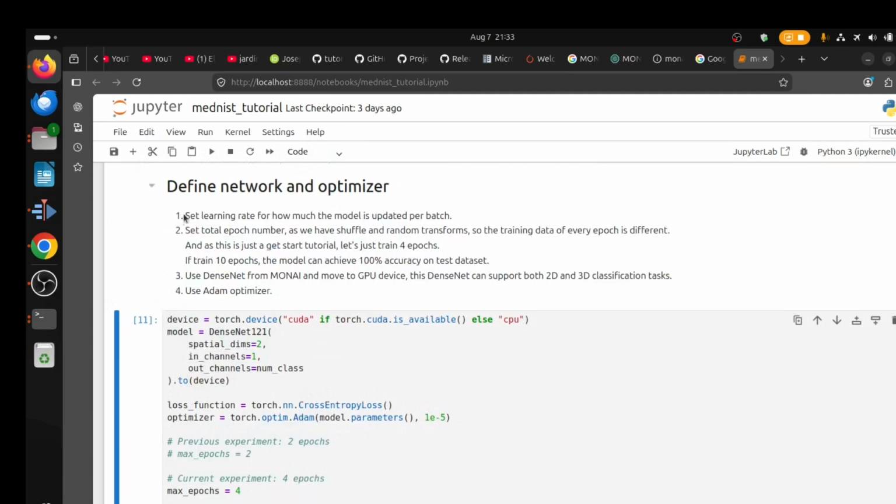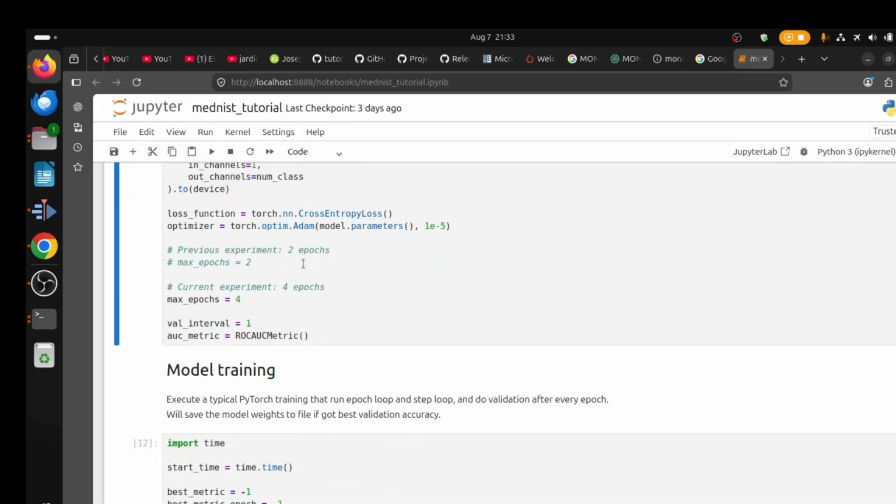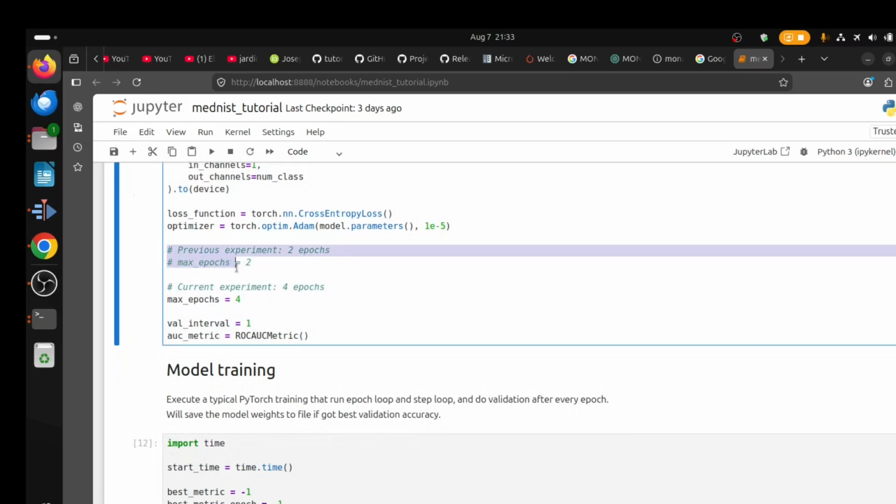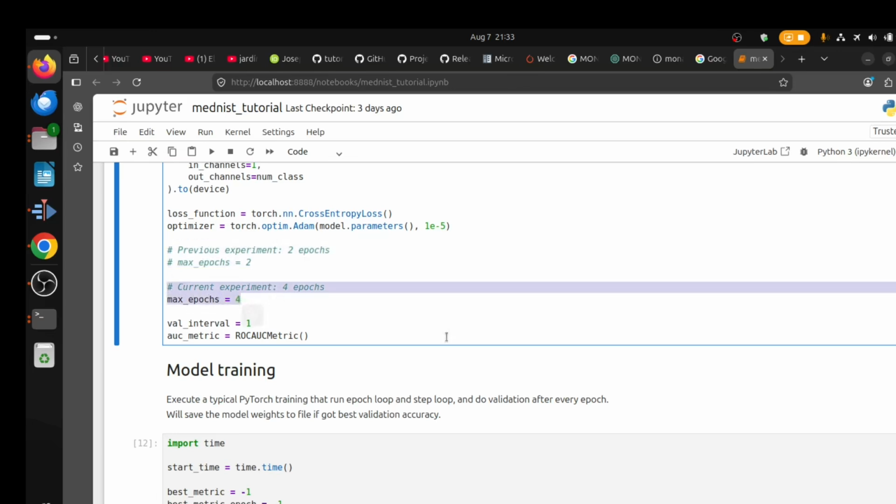In the previous experiment, I configured the model to train for 2 epochs. For this experiment, I have kept the original setting in the notebook as a comment so that it remains visible.